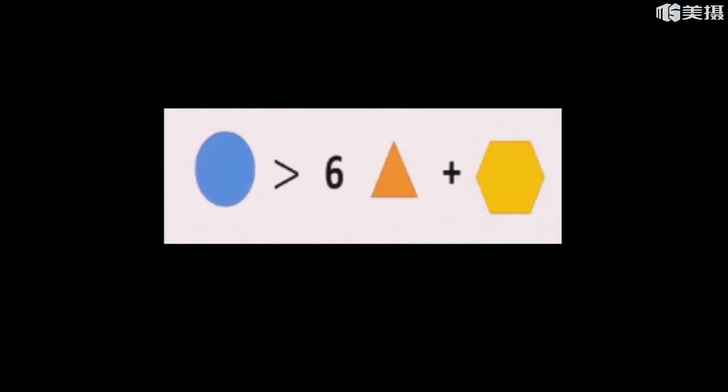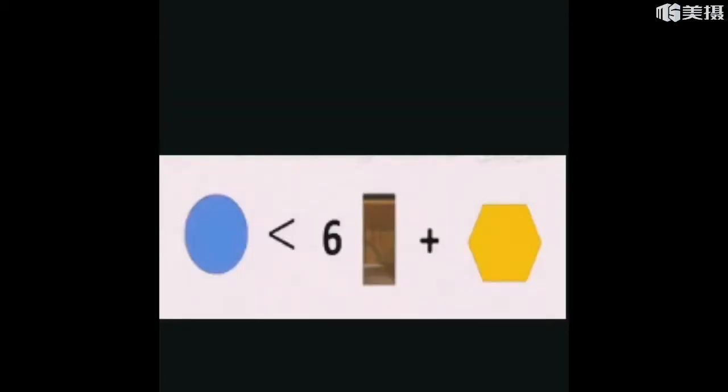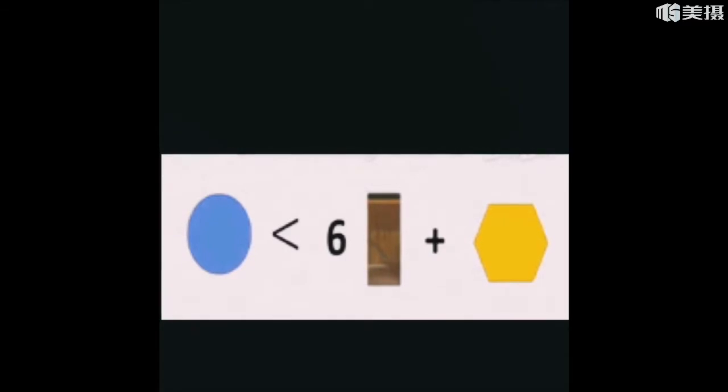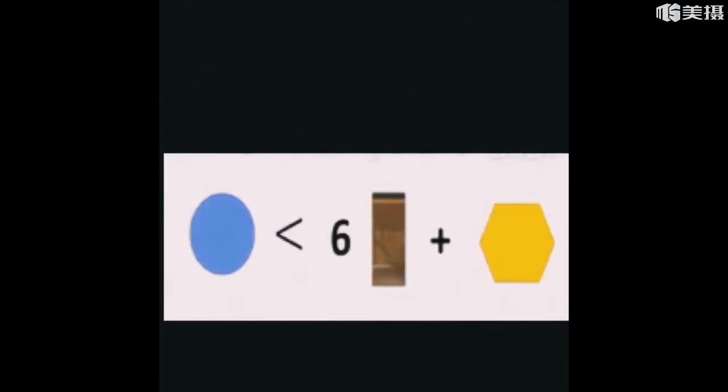And instead of adding the triangles, we add the rectangles, and we can get the following graphs. We can see that this graph is bigger than the area of the circle, and we can get the following equations, that is, the area of the circle is smaller than the 3 triangles plus the area of the hexagon.